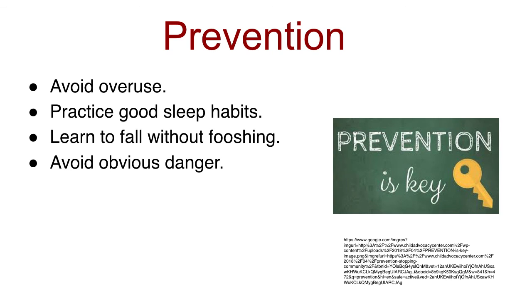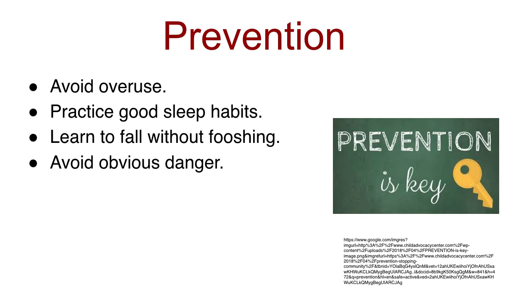Prevention. Avoid overuse, practice good sleeping habits, learn to fall, and avoid obvious danger. That's just sleeping correctly for radial tunnel and using good mechanics when you're working out and or working, I should say, and just have common sense, really.